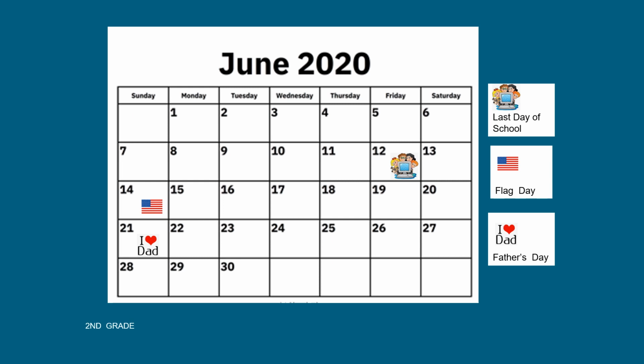What is the date 3 weeks before June 30th? Three weeks before June 30th is June 9th.